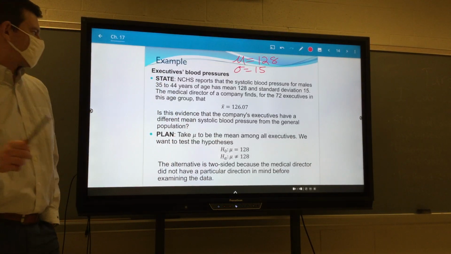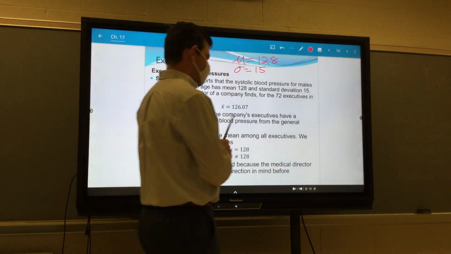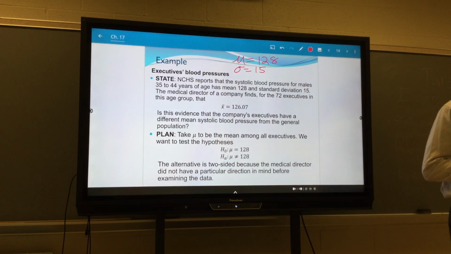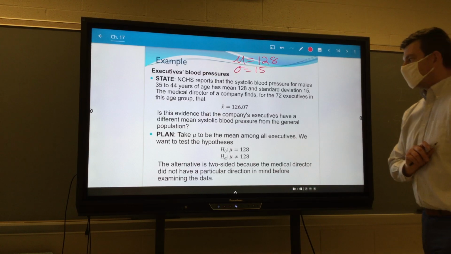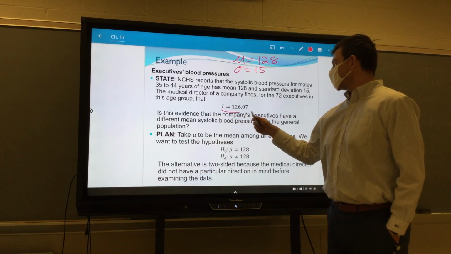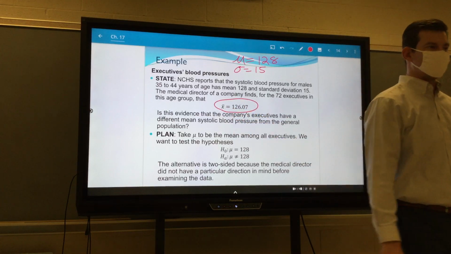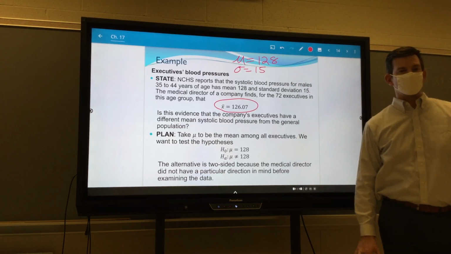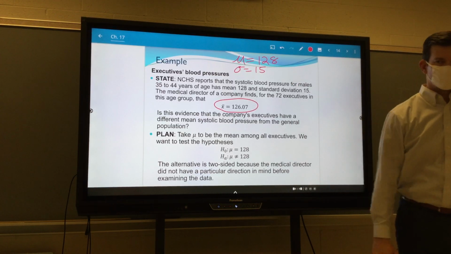Now, the medical director of this company has a sample of 72 executives, and he measures their systolic blood pressure, and it turns out that the average of all of their blood pressures is 126.07, different than the 128, and lower than the 128.